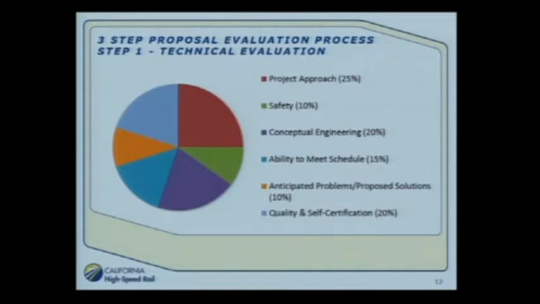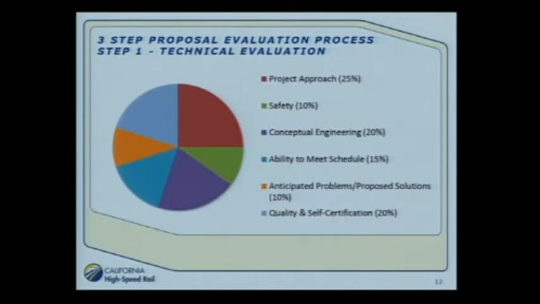And you can see the representative weightings that we're going to have. These are broad categories, and within them there are other categories. For instance, you don't see here the small business program, because that's part of the project approach. So there are many subcategories within these major categories.